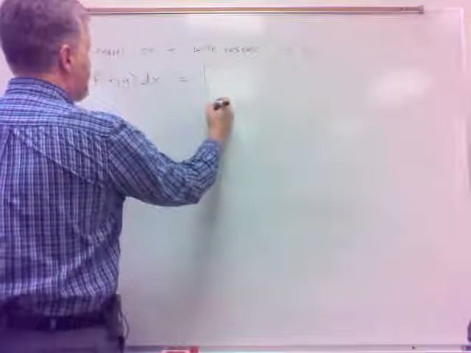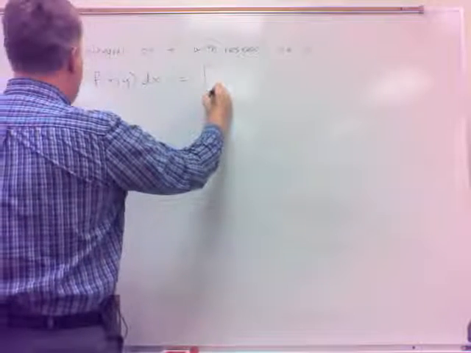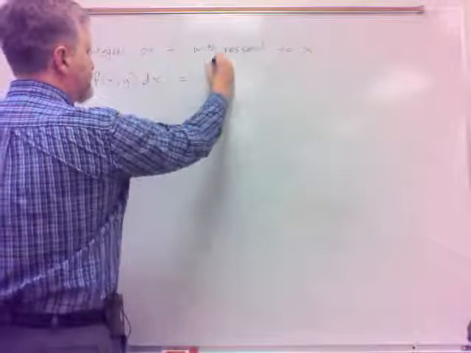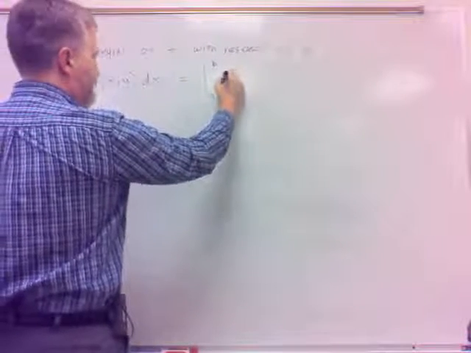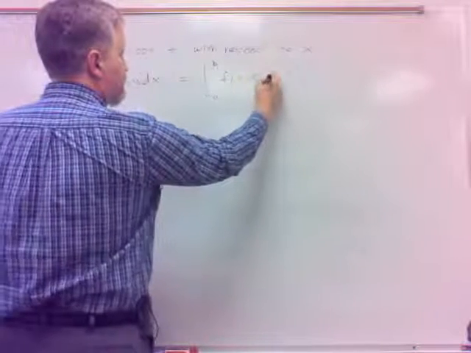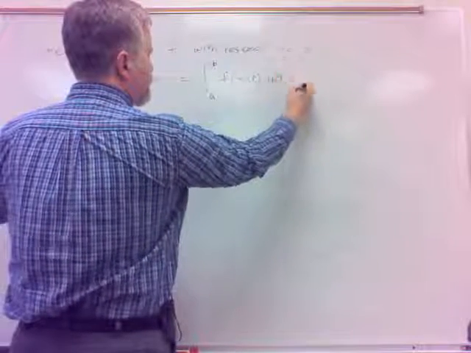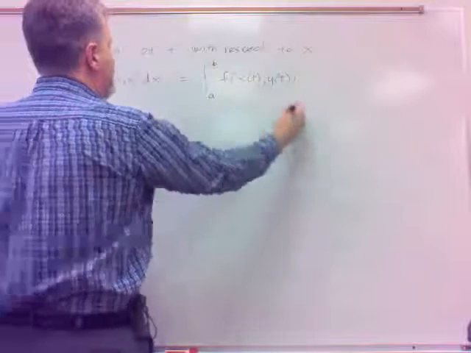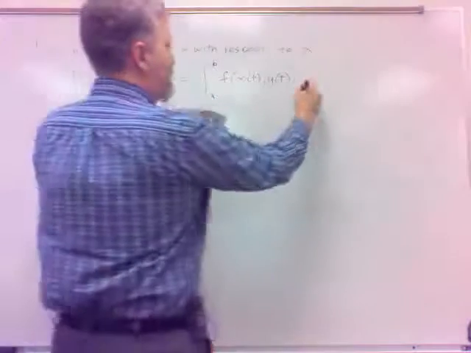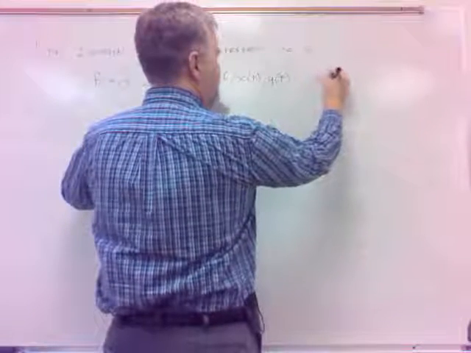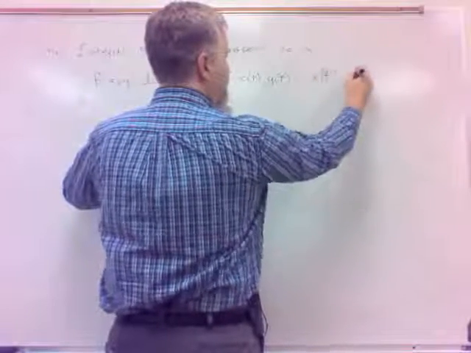So still parameterize it, t from a to b, in terms of t, f of x of t, y of t. But then, since we're only integrating with respect to x, this part turns out to be just f of t dt.